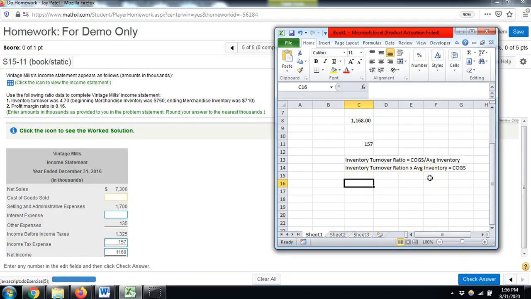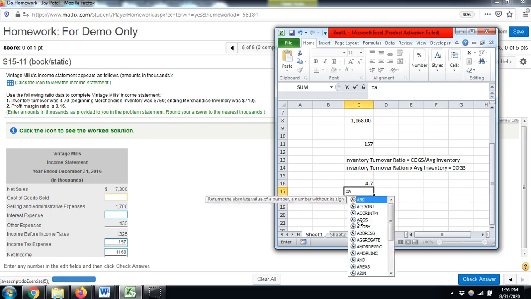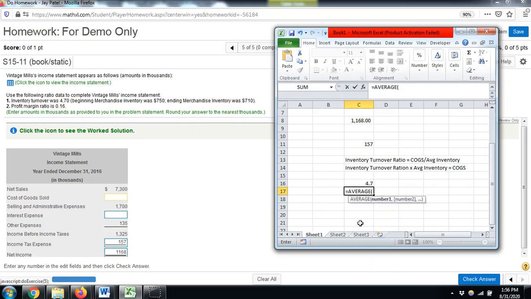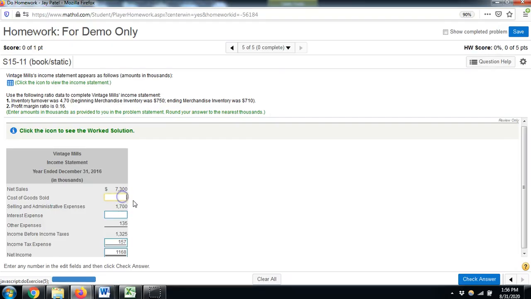So we have our inventory turnover ratio is 4.7. Our average inventory is just the average of 750 and 710. And so when we multiply these together, this is our cost of goods sold.